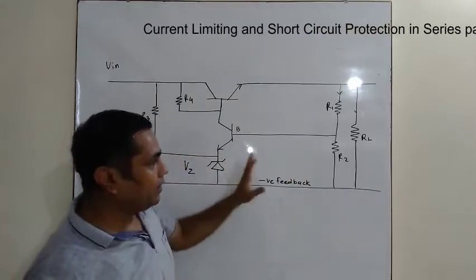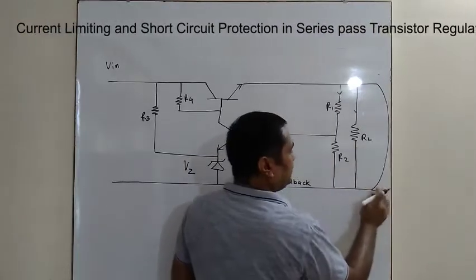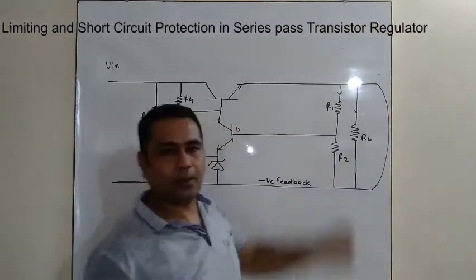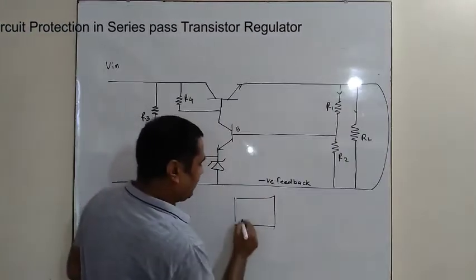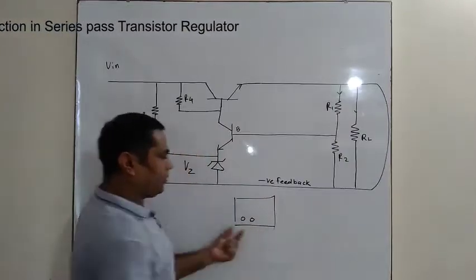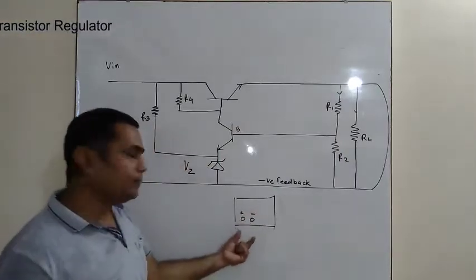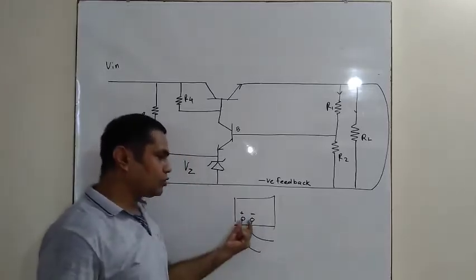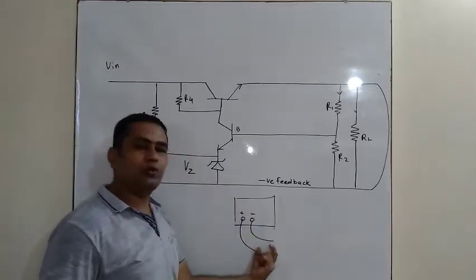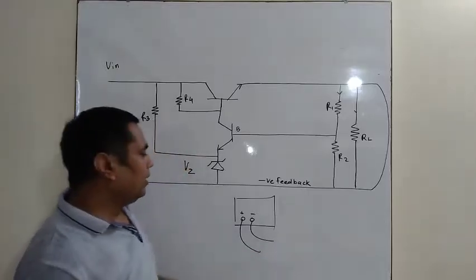Second thing, if this regulator output is accidentally shorted. In the laboratory you might have seen some power supplies where the outputs are taken from sockets, one terminal positive and one terminal negative. We use these two sockets and connect two wires to connect any circuit in the laboratory.